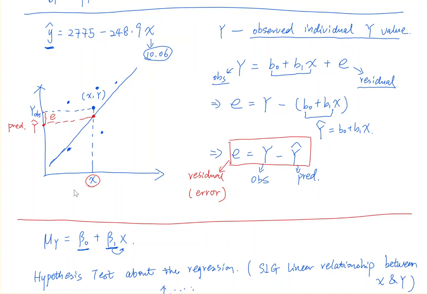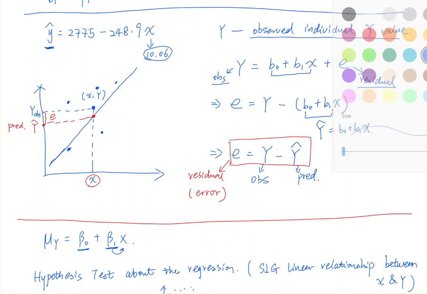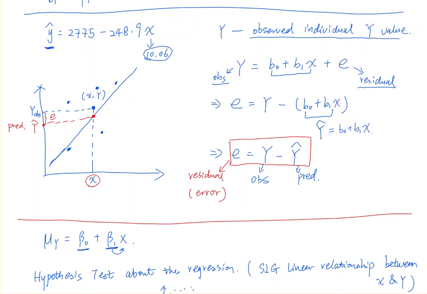All right, so here I just drew a picture of it. We say for the blue points here, we have 1, 2, 3, 4, 5, 6, for example.